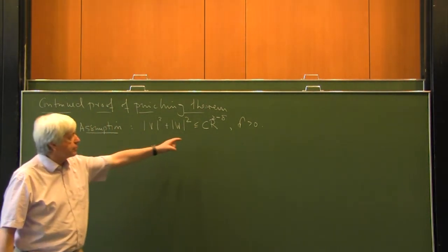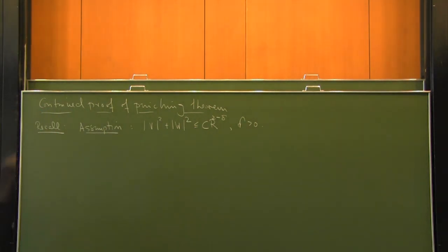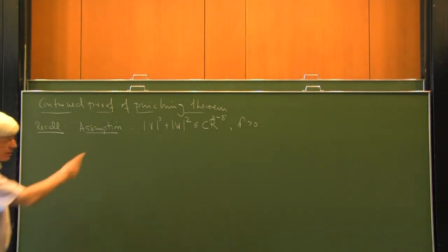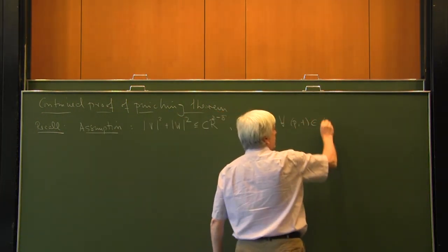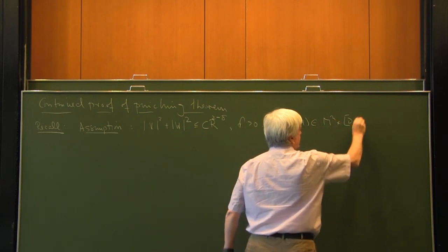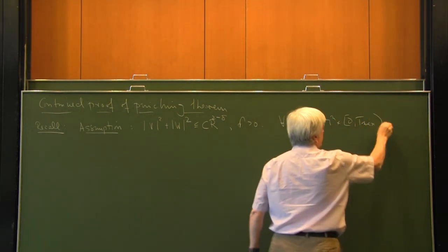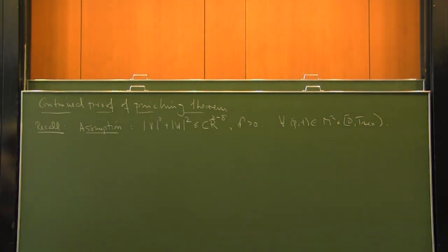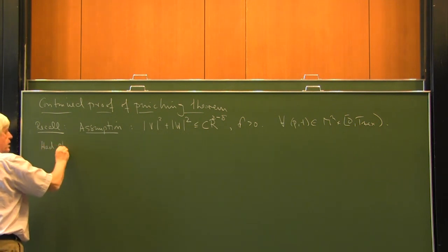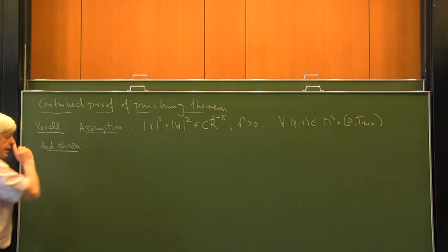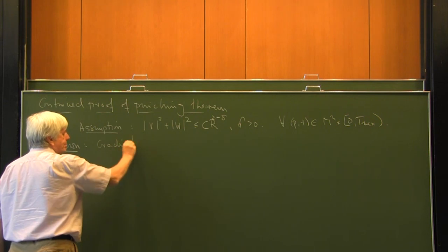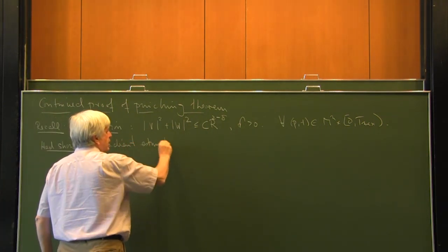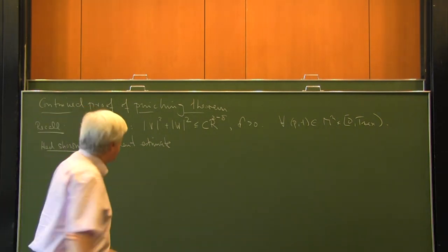This was our pinching assumption, and this assumption was made for all points in M^n across the time interval of existence. We had already shown that then there is a gradient estimate for the scalar curvature.